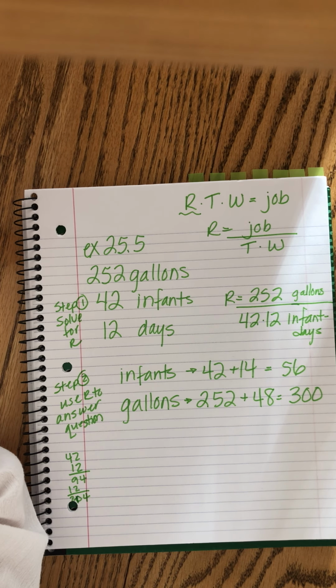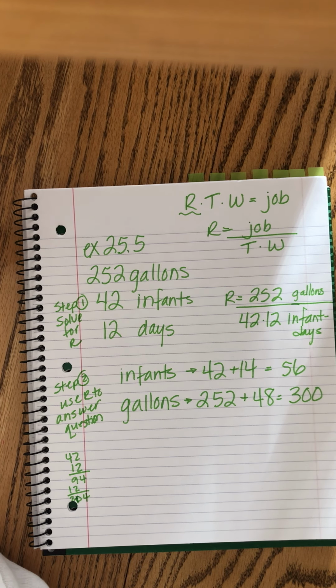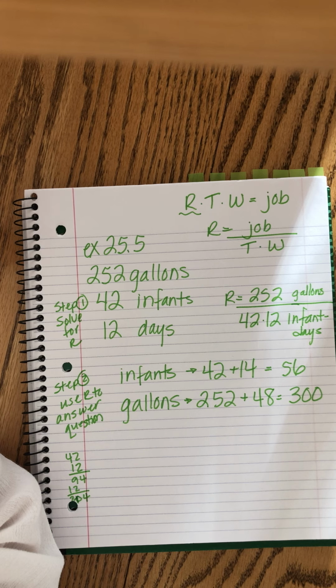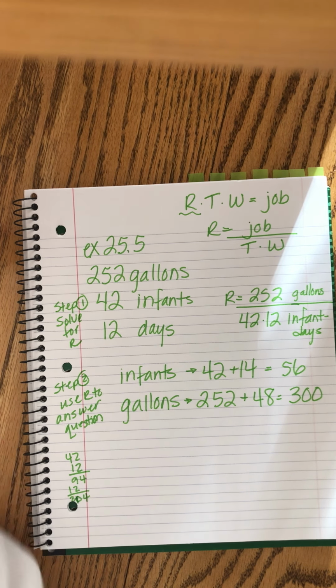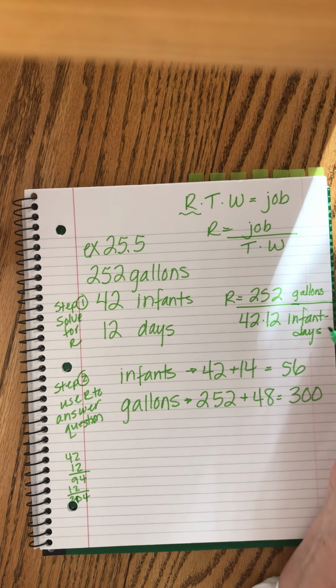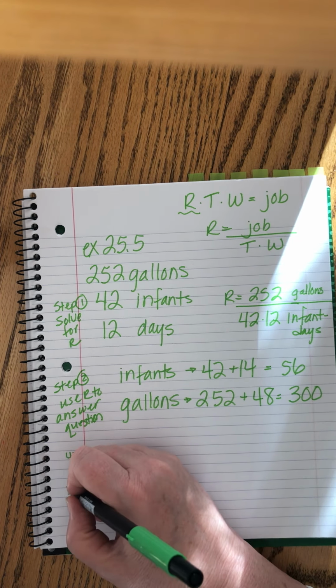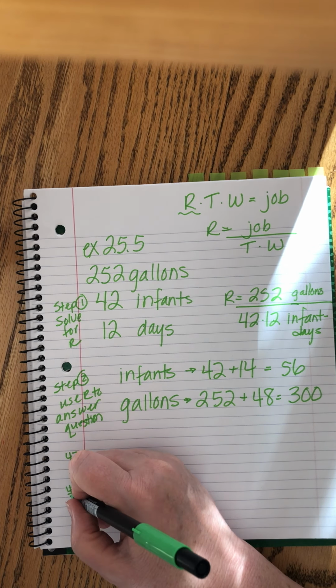It should be, our rate should be 1 gallon for every 2 infant days. This should reduce, but why does that not look like it should? Oh, I see, that's wrong. Yes.